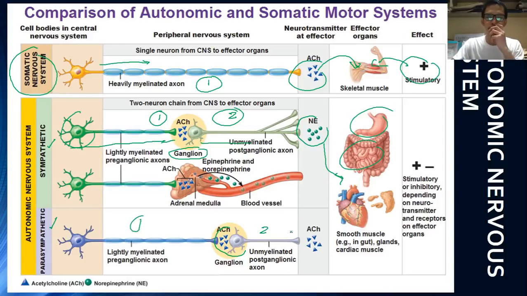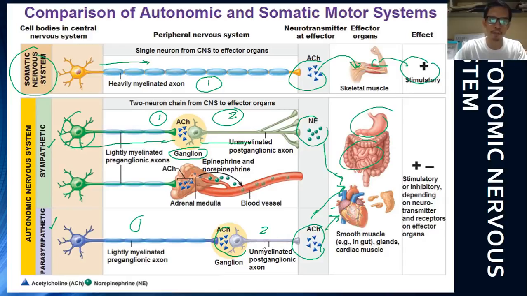But this parasympathetic group secretes acetylcholine as its neurotransmitter. What this acetylcholine does is inhibit whatever is stimulated by the sympathetic division of the nervous system.